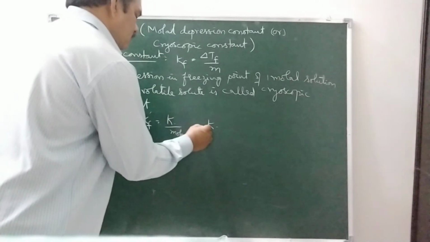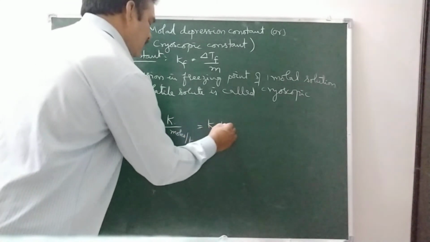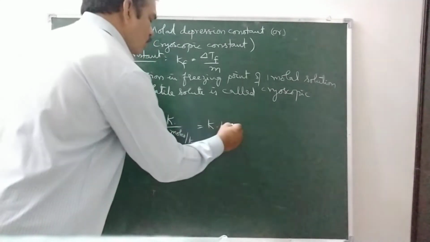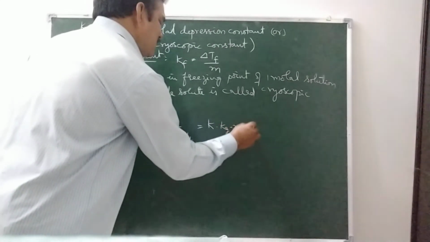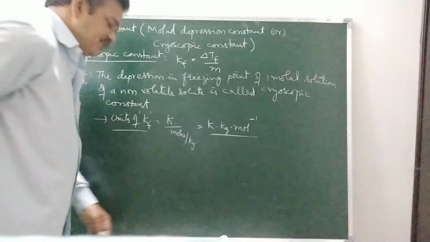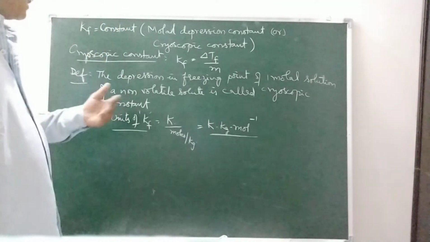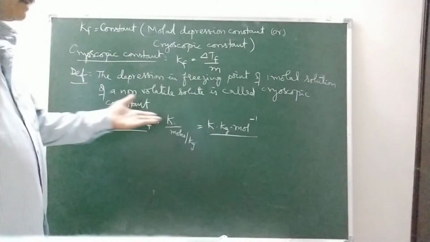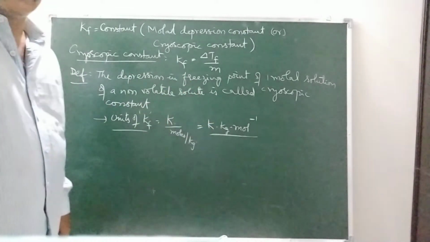Kg comes to the numerator, so the units are K kg per mole, that is K kg mole inverse. So these are the units of Kf.